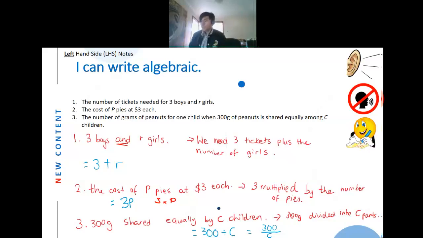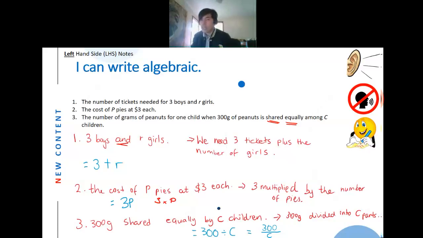Next one, we've got the number of grams of peanuts for one child when 300 grams of peanuts is shared equally amongst C number of children. So the keyword is shared. And so when it's shared, we know that it's going to be divided, especially when it says shared equally.